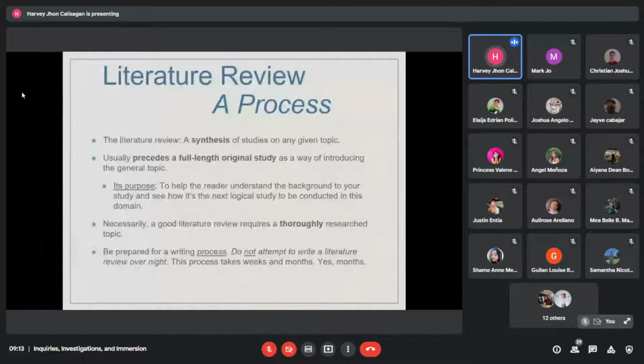So what's the purpose? It is to help the reader understand the background to your study and see how it's the next logical study to be conducted in this domain. Research is a continuous type of study. So the purpose of having this literature is to give a background on your study, or it is proof, validating your study. By having this literature, it's already validating your study.